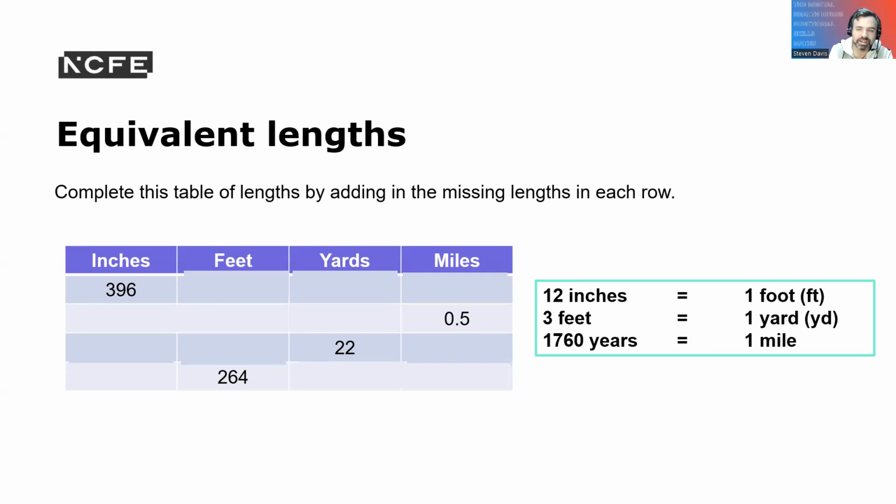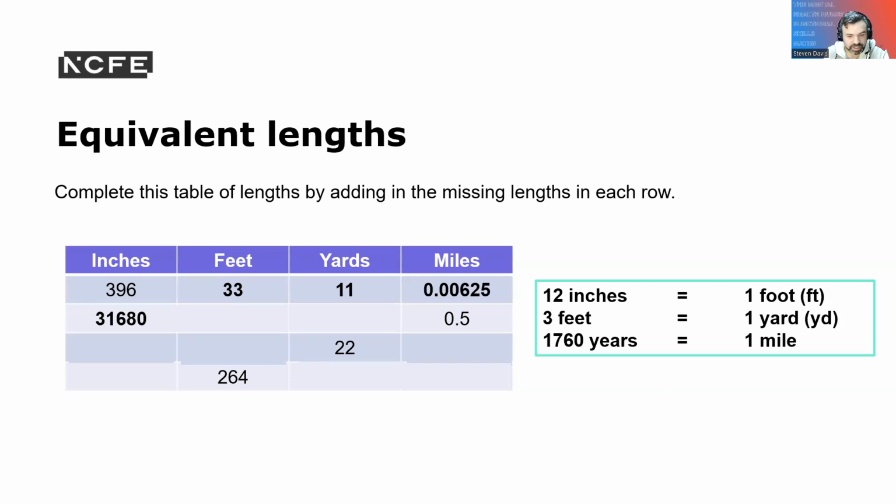Equivalent length. Complete this table for length by adding in the missing lengths in each row. So you've got inches, feet, yards, and miles. You can see 396 inches is 33 feet, it's 11 yards and 0.00625 miles.